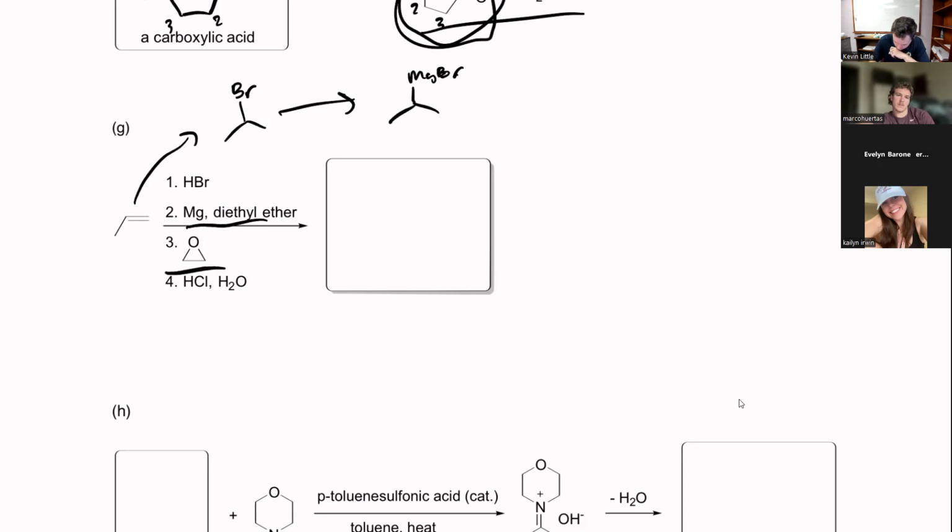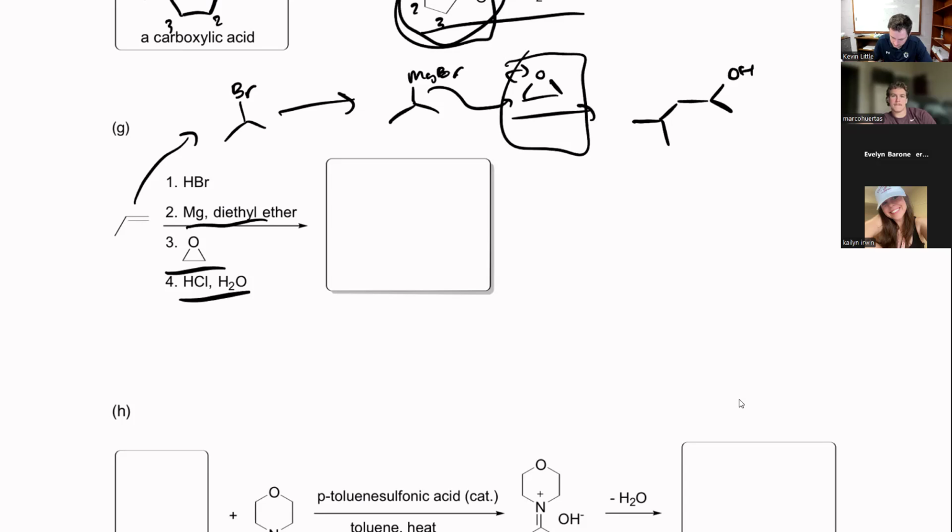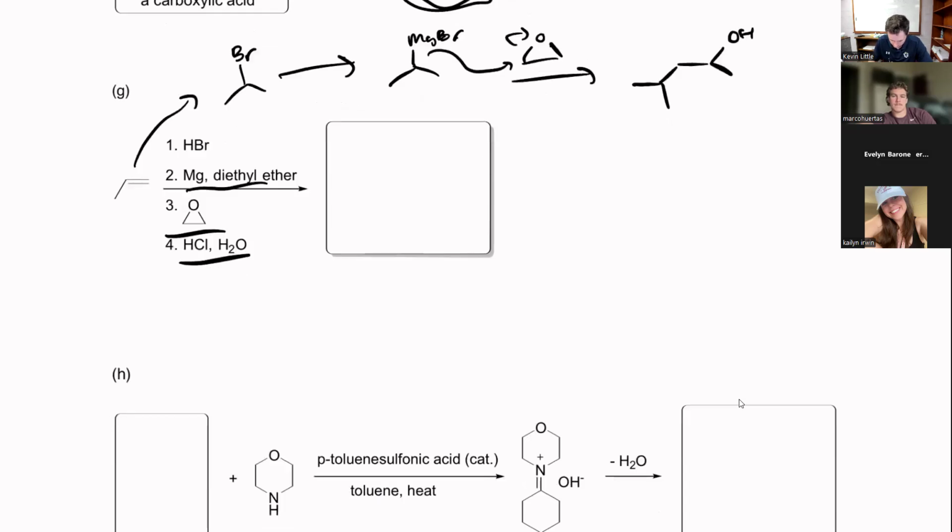Is this an electrophile? What's it going to do? Attacks a carbon, breaks a bond. The HCl protonates it. So that's what it does. You don't need to know about epoxides, but they work just like carbonyls. So you guys can do all of that.